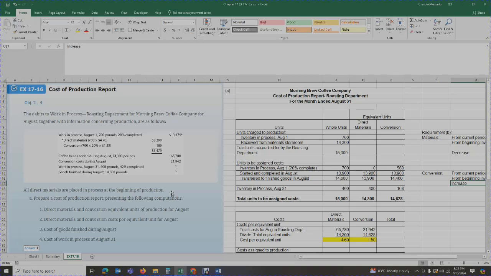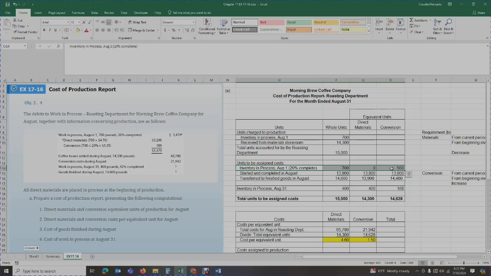So if it is being rolled over from a prior month, we will no longer have anything impacting direct materials. Yes, we do have 700 pounds of unfinished coffee in work in process, but we're not going to charge any direct materials to it because those materials were charged already in July. Because remember, materials are placed in process at the beginning of production.